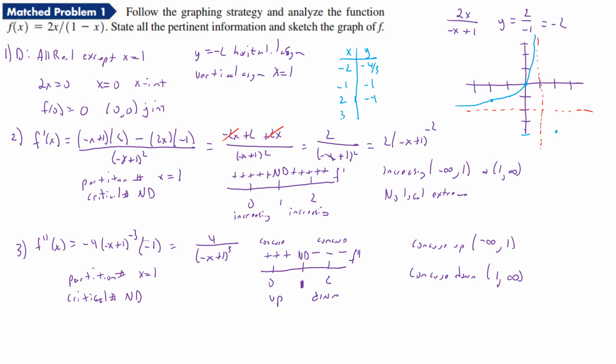And let's say we go to 3. That's going to be 6 over that, so that's going to be a negative 3. And so 3 and then negative 3. And it says concave down over here, so it would make sense we're going to have something that looks like that.